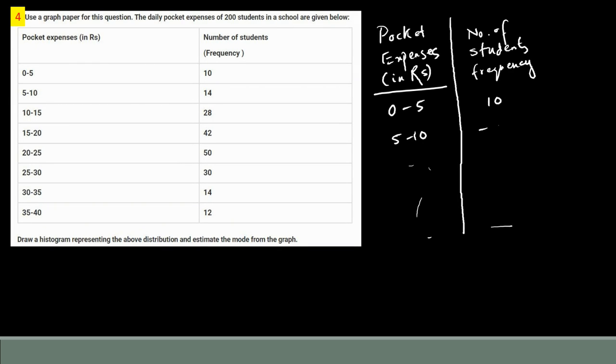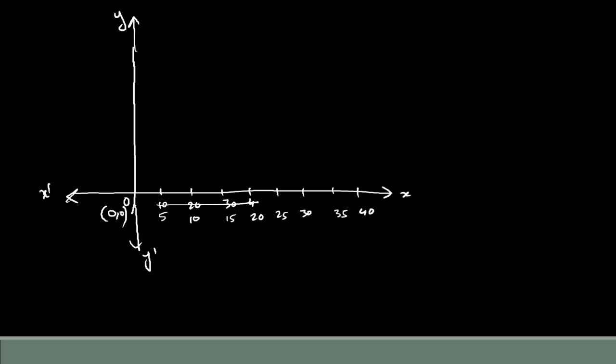And the y-axis is number of students. The highest number is 50. So let's divide it every 2 centimeter as 5 number of students. I don't have a graph paper, but I'm showing you how we will do it on the graph paper. So this 2 centimeter considers 5 number of students.